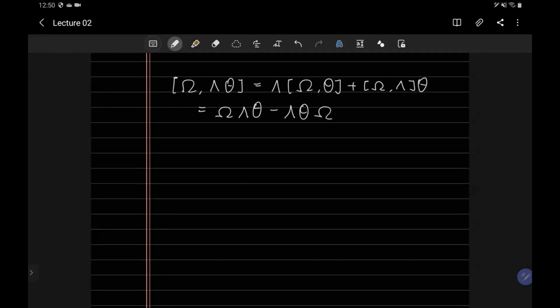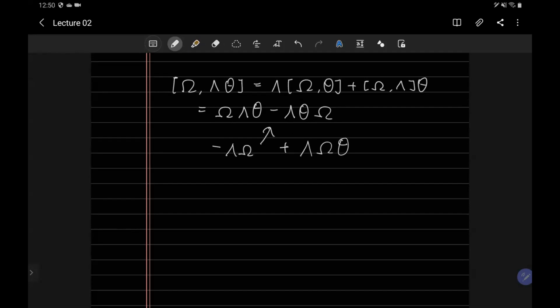Then what we can do is add some extra terms between these two. The first thing I can do is add lambda omega theta, and to make it identical, I have to subtract the same thing.